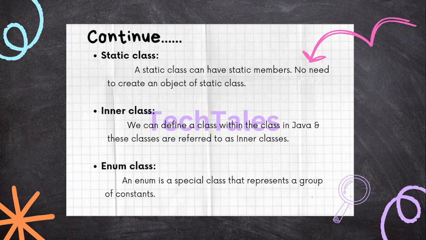In enum, you can define all your constants which you need to use in your project or your program, and then you can use them using their own names. Okay, so this is a special class that represents a group of constants, and those constants you can use using an enum class.